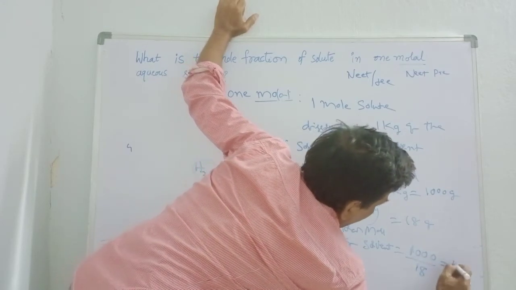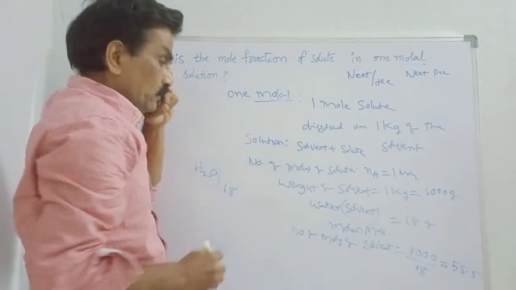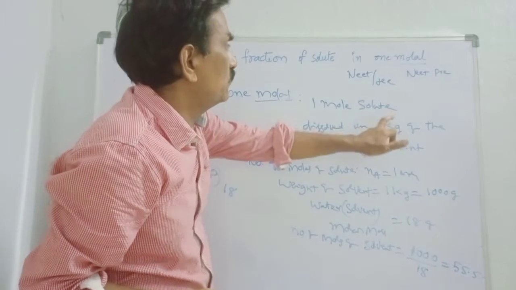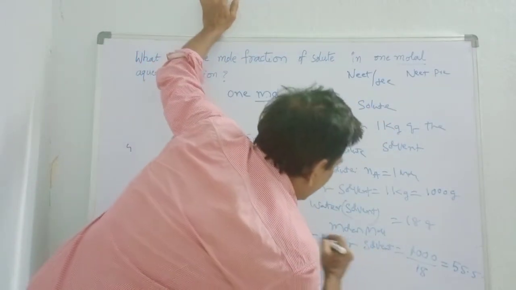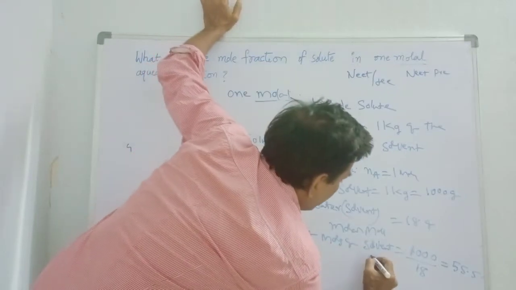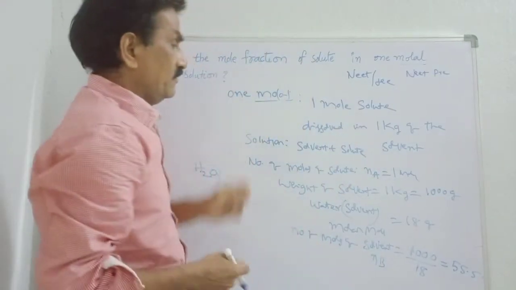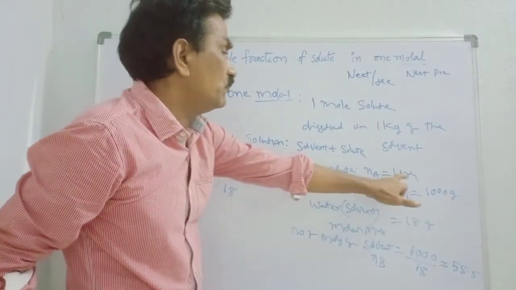This is nothing but 55.5. So number of moles of solute, 1 mole, okay. That is Na. This is Nb. So Na is equal to 1 mole.